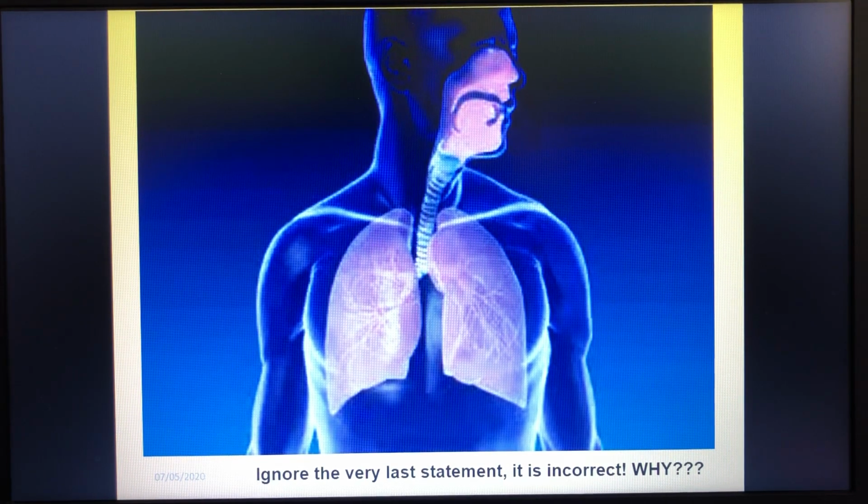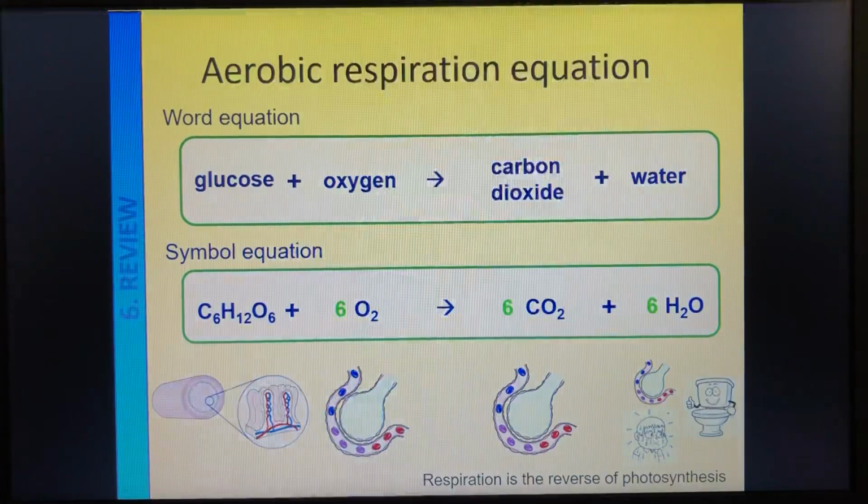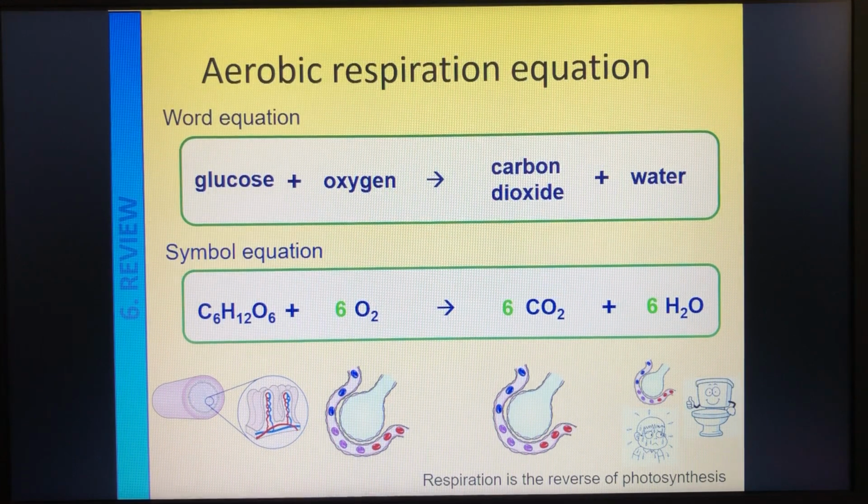Now, if you have watched that video, you'll see the very last statement says this process is known as respiration, and they're actually describing breathing. And it's a really common misconception that people have, that breathing and respiration are the same thing. We must remember that respiration is this chemical reaction. It's a reaction happening inside the cells in the mitochondria, releasing that energy from the glucose.